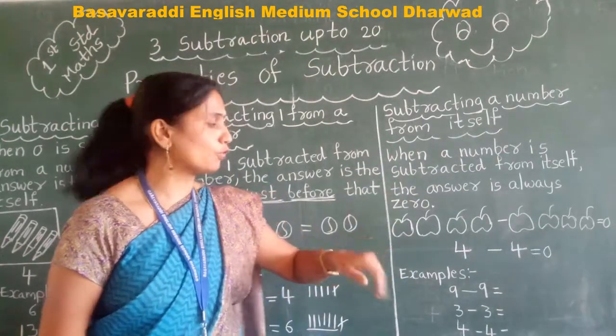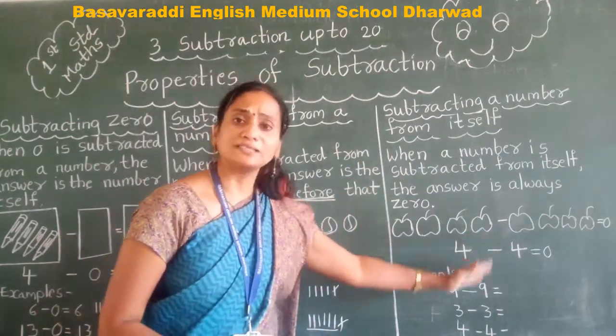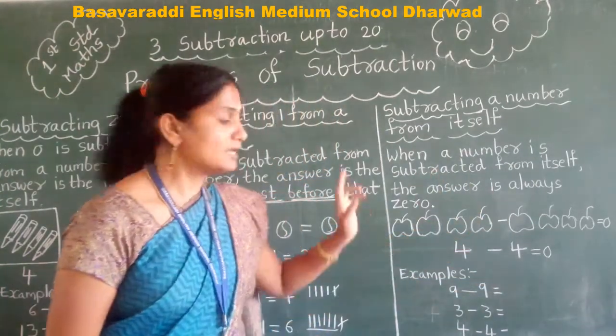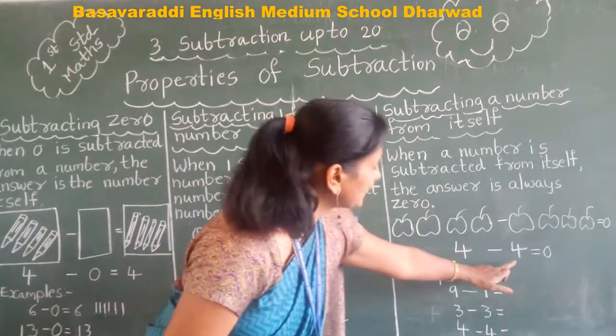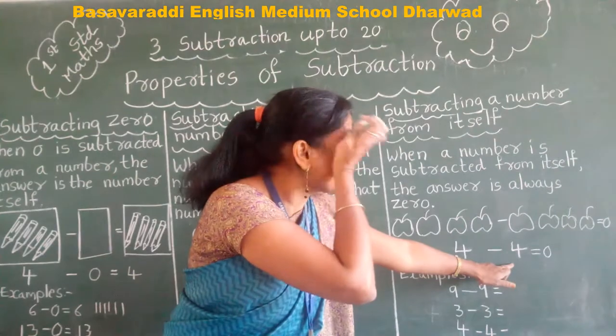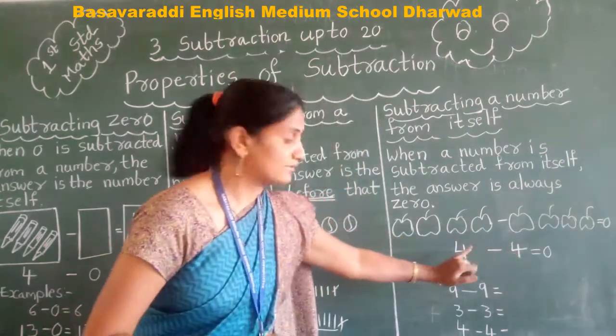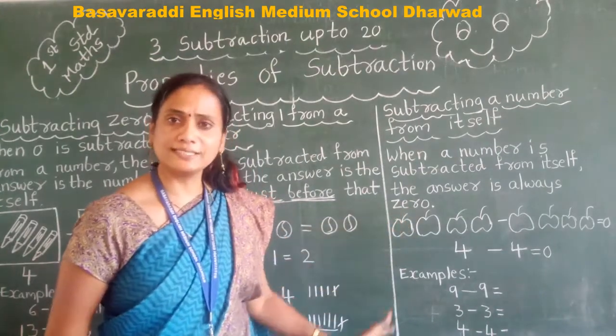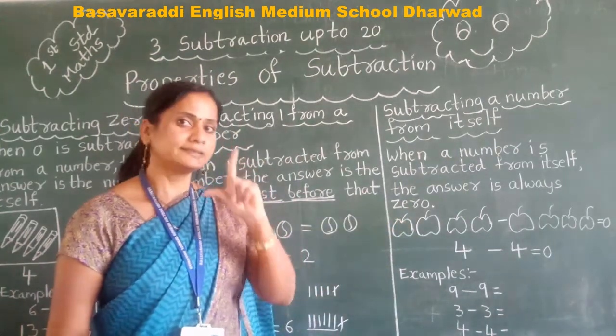That is 0. 4 minus 4, the answer should be 0 only. So when a number is subtracted from itself, the answer is always 0.